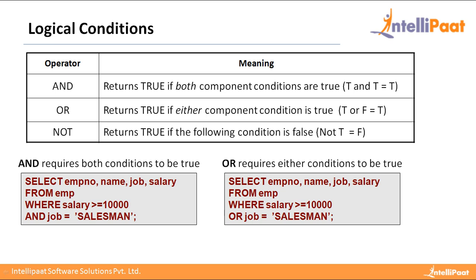Then I will connect both the conditions by using AND. When both the conditions are true, then only the record gets displayed. Whereas in the OR, if either condition is true, then it will display the output. Meaning those employees who are getting salary 10,000 and above get displayed, or else the employees who are working as salesmen will also get displayed.